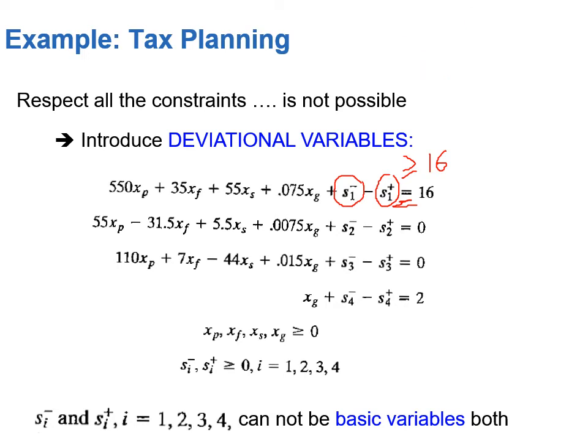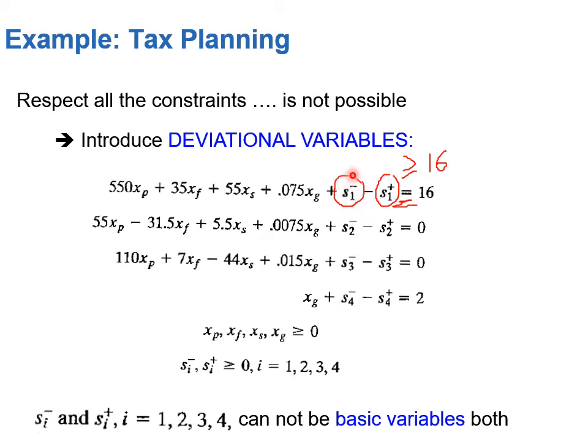For each constraint, again I'm repeating, whether they are greater than or equal to, less than or equal to, or equal to type constraints, for each one of them we define two variables. One of them is the so-called negative deviation. That's why we represent it with a minus sign here.